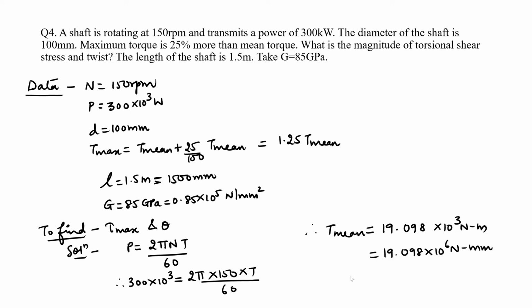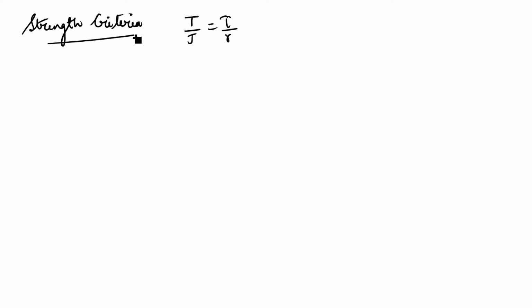If you recollect, the formula is T by J equals tau by R. Say if I talk about the strength criteria, in this formula, when I say my tau is tau max, obviously T is also T max.